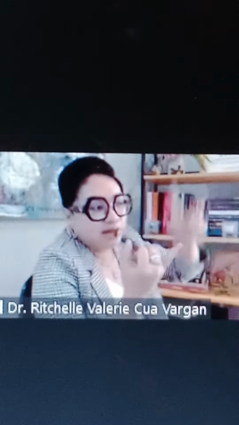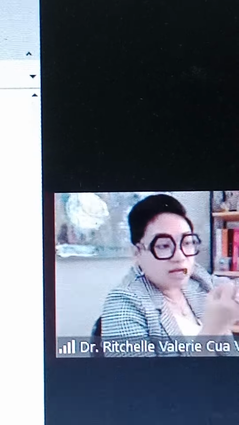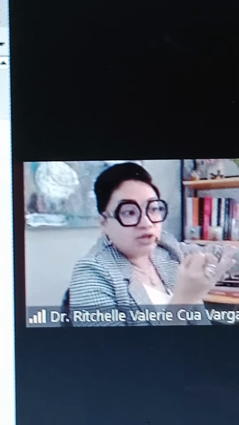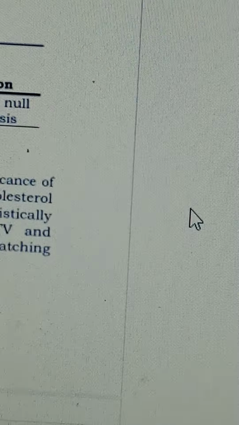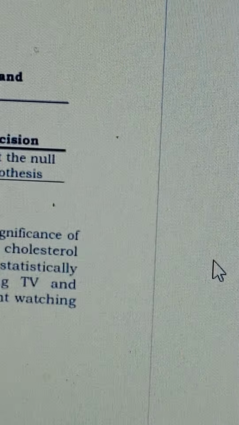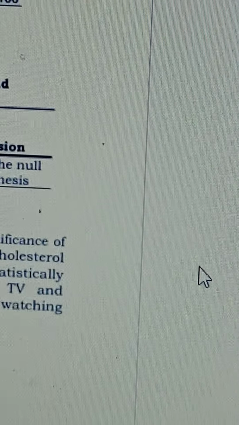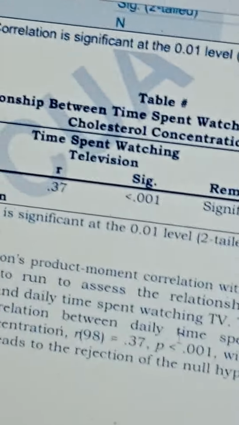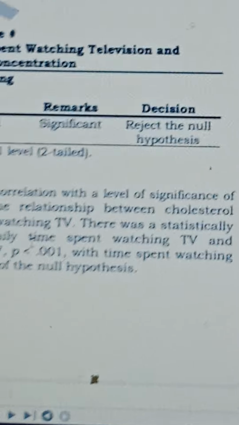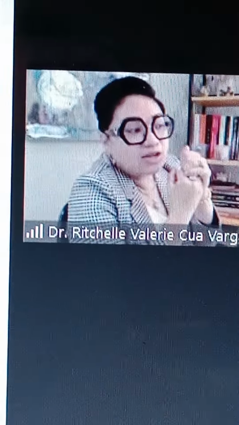Level one is describing the table and the results. This is what we did here. Level two is you relate your results to your related studies in your review of related literature. And then the third one is you create implications. You make the conclusions based on these results. So that's how you do it.